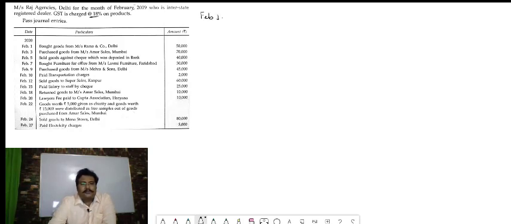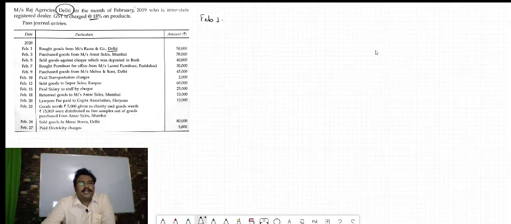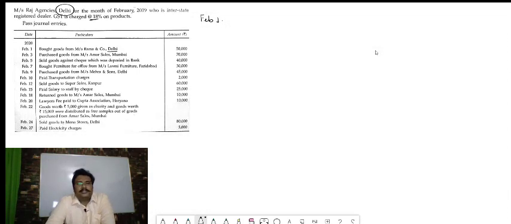February 1. Bought goods from Mrs. Rama and Company, Delhi. The person is also from Delhi, and the person purchased the goods from Delhi. So it will be CGST and SGST. Simple, it will be purchase account debit.